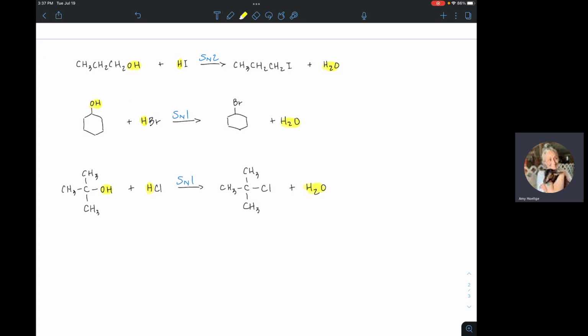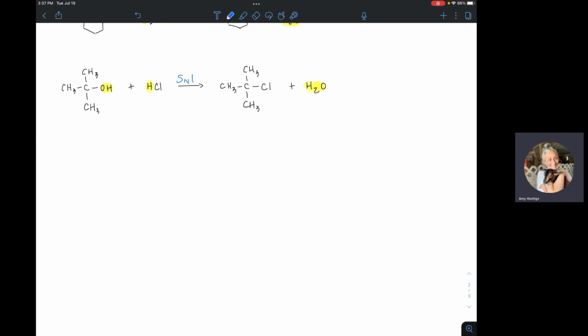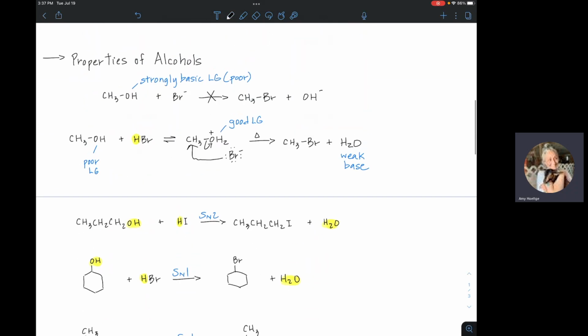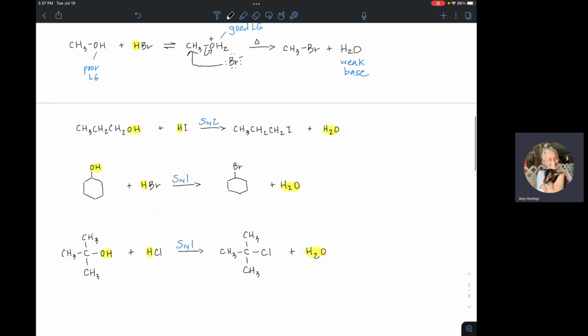There's another type of reaction we can do with an alcohol, and it's an elimination type of reaction. So let's label these. These are going to be our substitution reactions. Nucleophilic substitution.